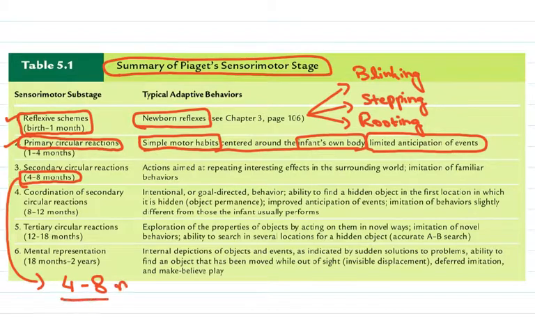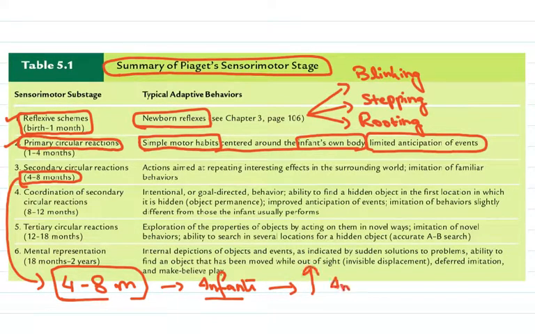So in 4 to 8 months, infants are beginning to interact more with the environment. Why? Interaction with the environment is increasing.